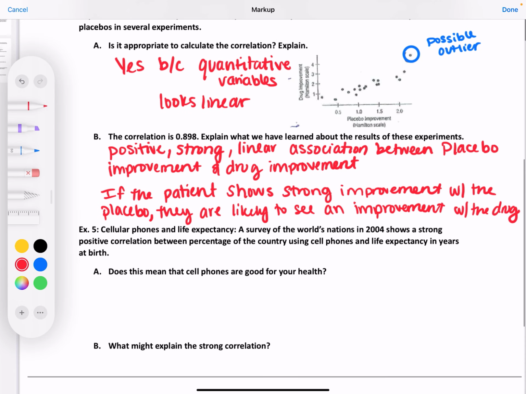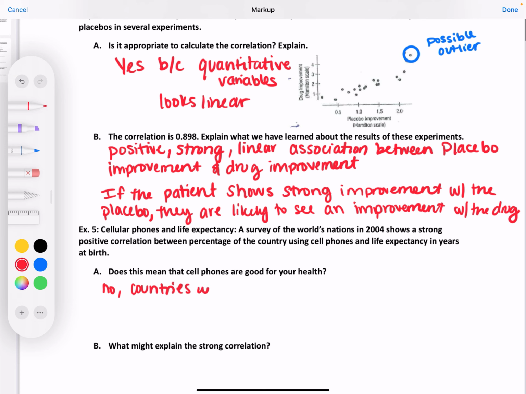So, no. Countries with a higher percent of cell phone use also tend to have a higher life expectancy.